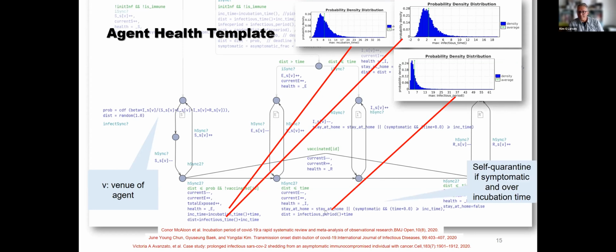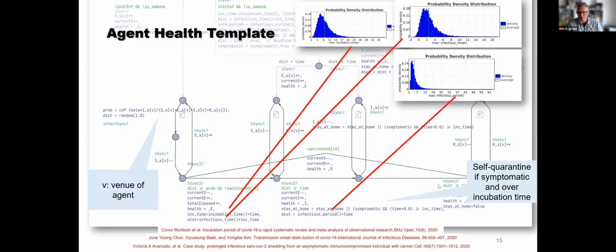We also say that if you are now infectious and symptomatic, that is, you will show symptoms and you have passed the incubation time, then you should stay at home, because you should realize, either yourself or by testing, that maybe you have the disease.